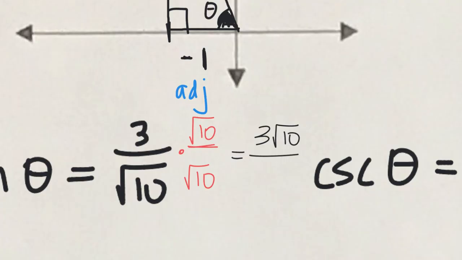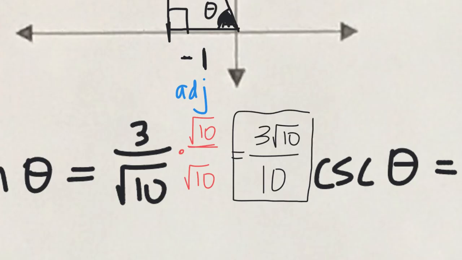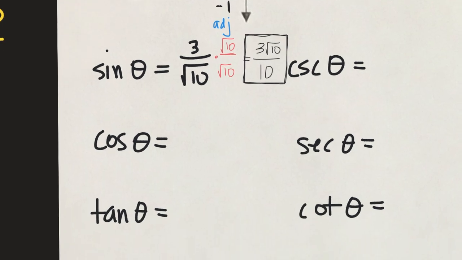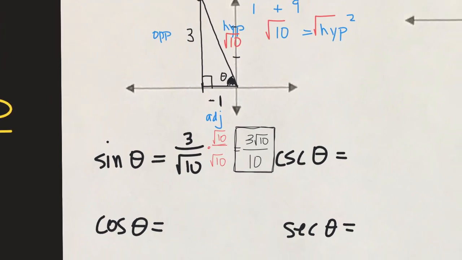And in the denominator, root 10 times root 10 is just the normal number 10, so it's the square root of 100, and the square root of 100 is 10. So that is how we're going to represent our answer in rationalized form. Whenever we have a radical in the denominator, that is what we're going to do. But don't worry, there's a math hack that I'm going to show you here in a second. Cosine. Cosine is the adjacent side, which is -1 over root 10.